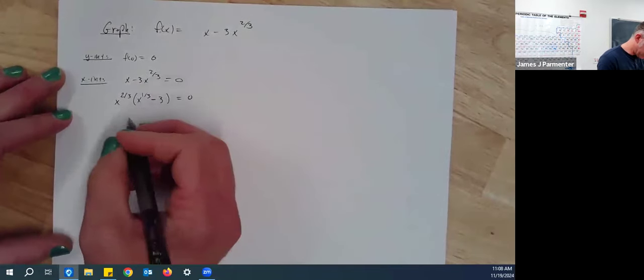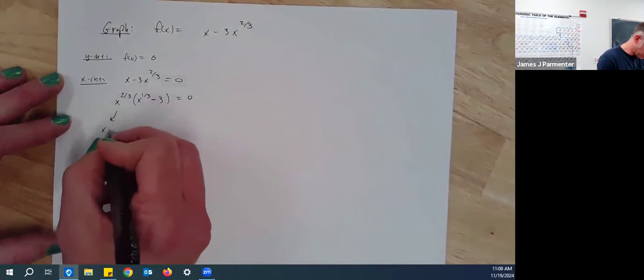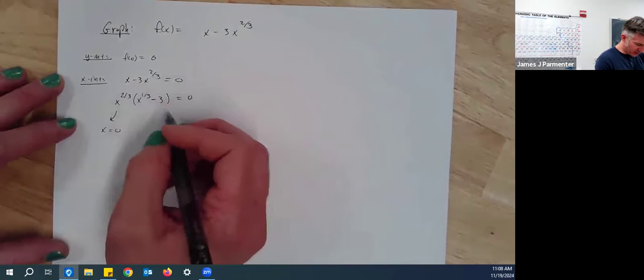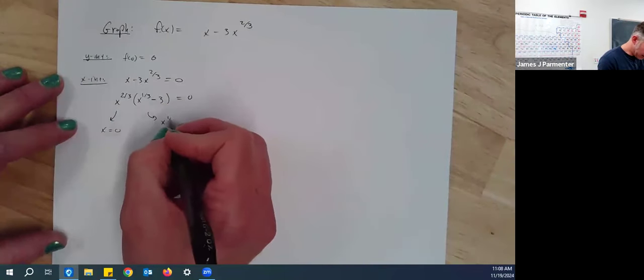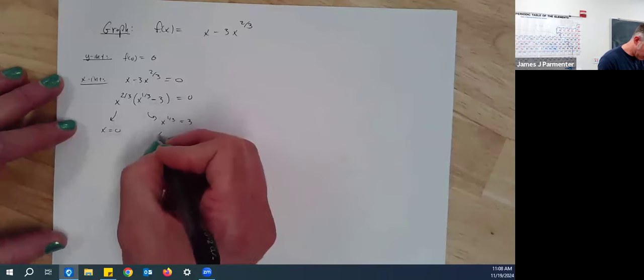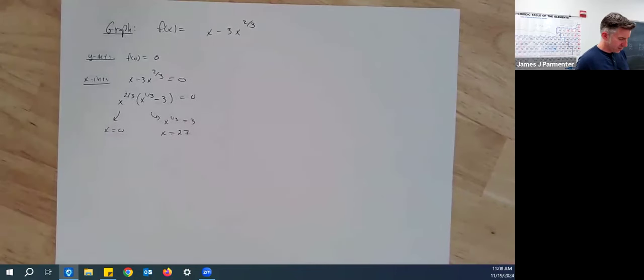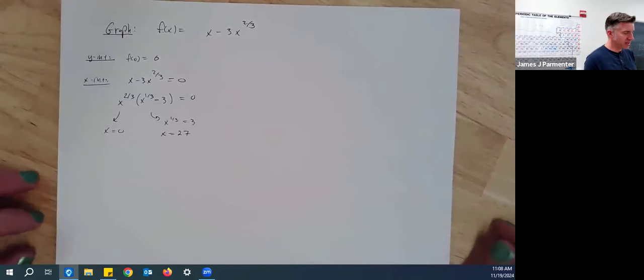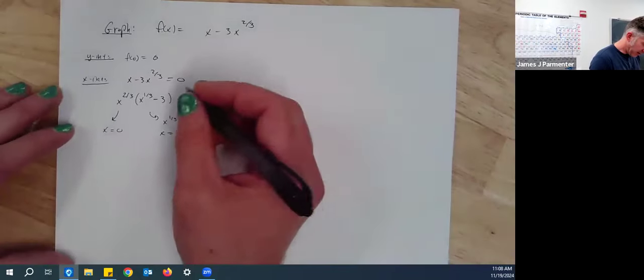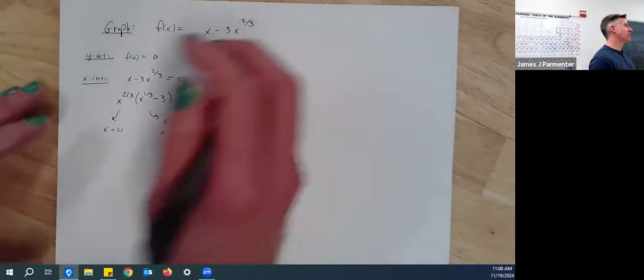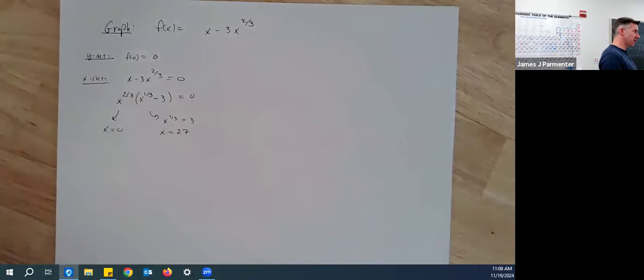So setting both of those factors equal to 0, we're either going to get x equal to 0 or x to the 1/3 equal to 3, but that's the same as x equal to 3 cubed. So there's my two x-intercepts. Great. Let's find the first derivative stuff. Oh, I should point out, we don't have any asymptotes here, right?